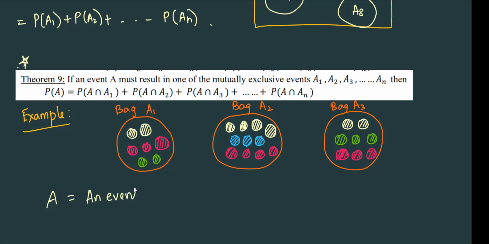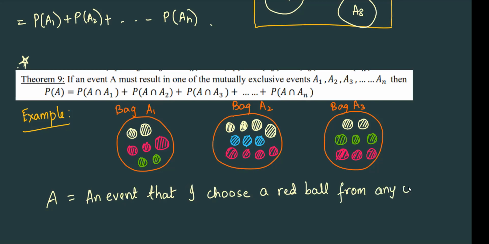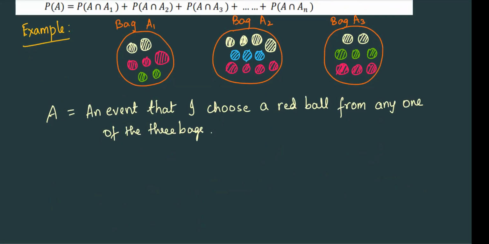A is the event that I choose a red ball from any one of the three bags. So A is the event of choosing a red ball from any of the three bags.